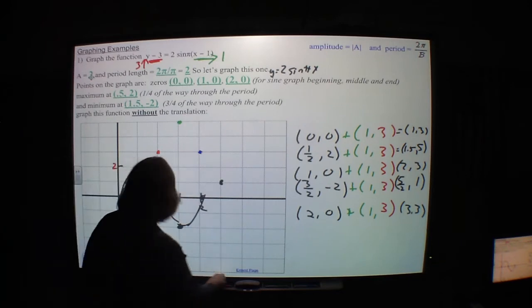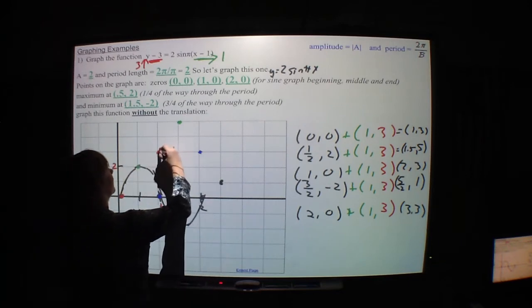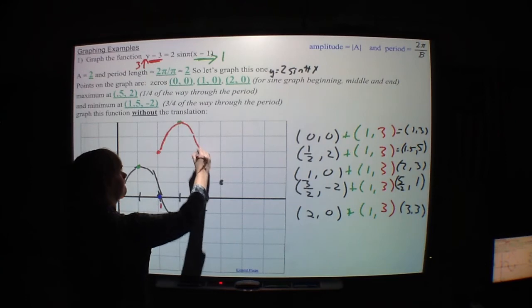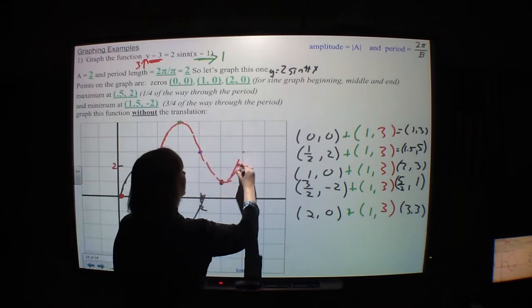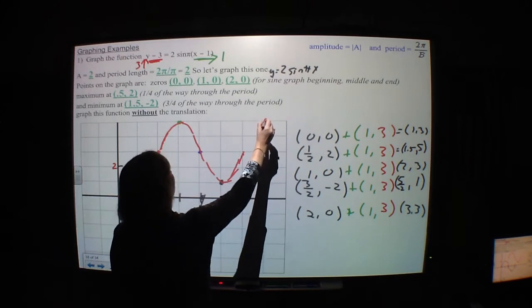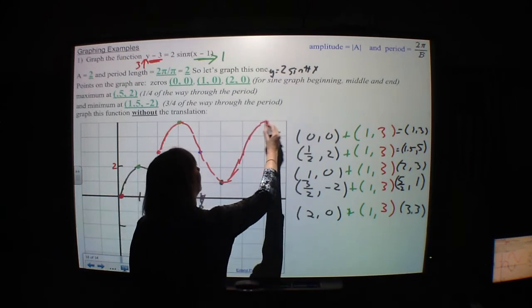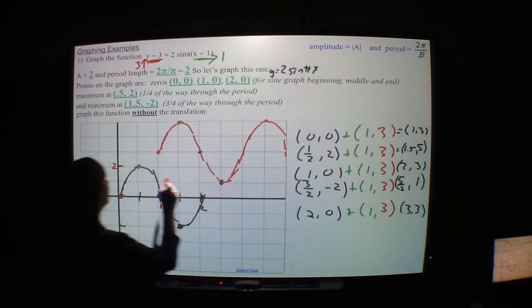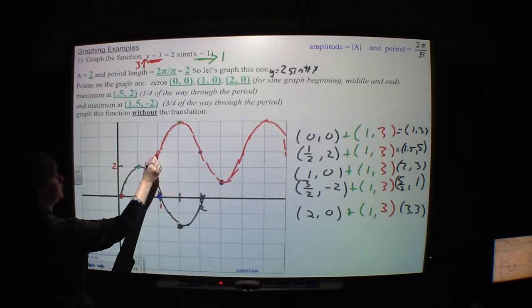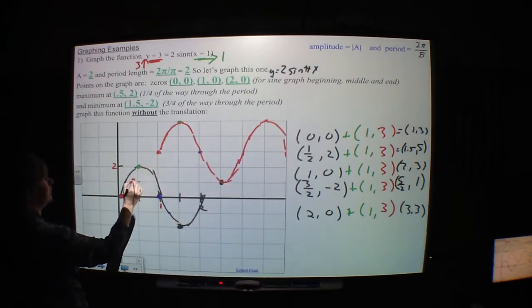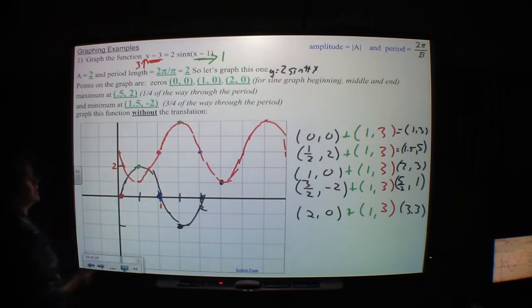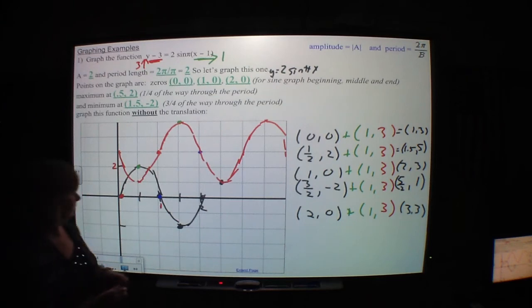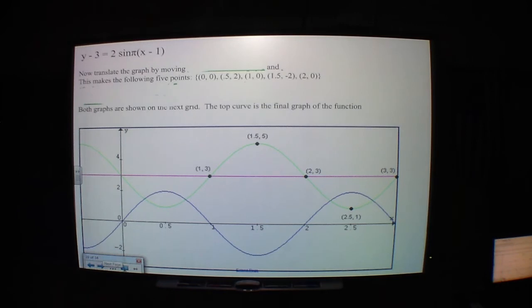And so my new graph is something like this. There's that. So it goes something like that. And 1 over would be up here. And 1 over would be right there. There's this down here. So it would be something like this. There. And it just keeps following the pattern. And there's the graph of it.